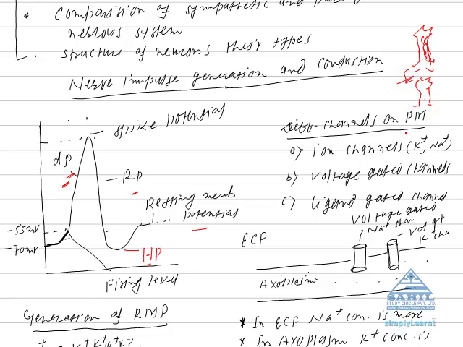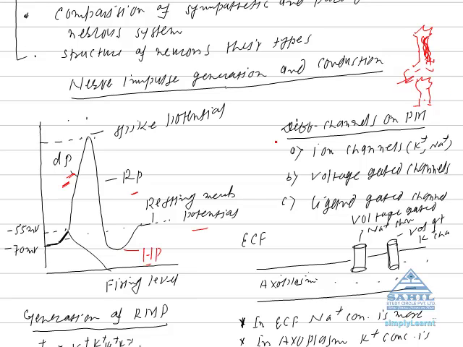Excitability is a property of a neuron which refers to generation of a nerve impulse when a threshold stimulus is applied. The second property is conductivity: once an impulse is generated, it is conducted along the whole length of the nerve fiber.